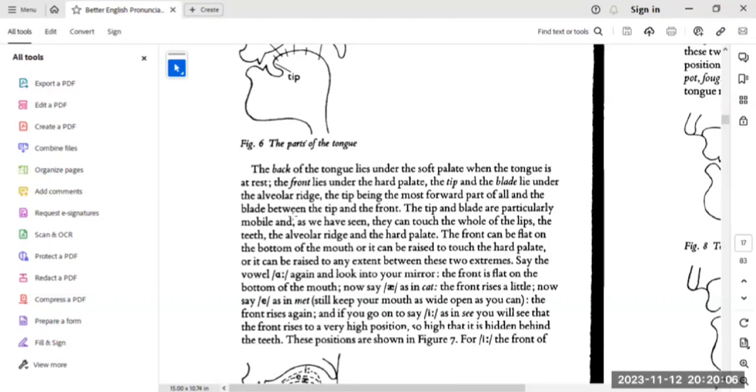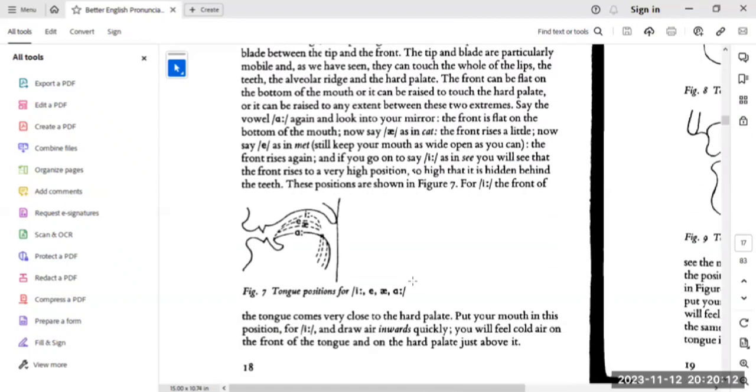Now we have an example here. Look at the tongue position. This part is what, by the way? Here, this one. Middle. Front. The front, right? Yes. Okay.